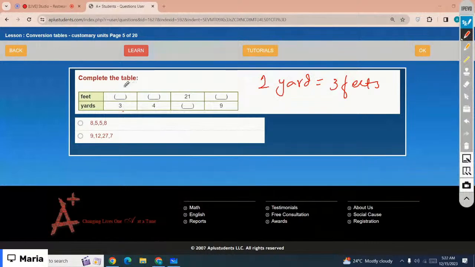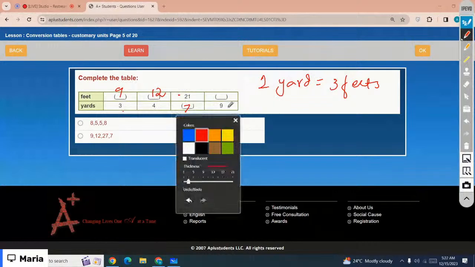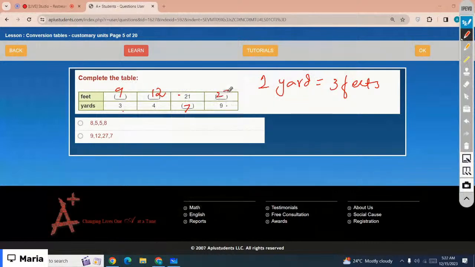Multiply 3 times 3 makes 9, 4 times 3 makes 12. 21 divided by 3 is 7 because you are coming from smaller to bigger unit. You have to divide. The 9 times 3 is 27. So the correct options are 9, 12, 27, and 7. Option number 2 is the correct option. Got it?